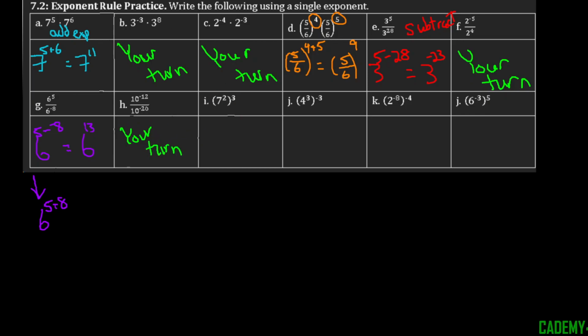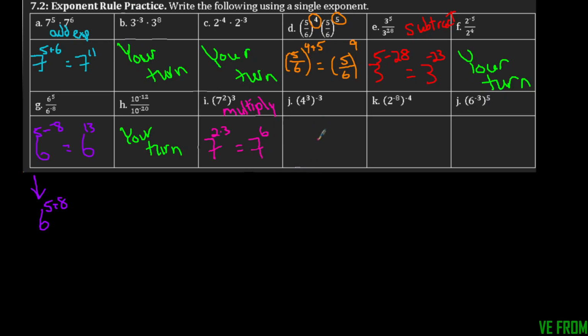Now for these next 4, since we're raising an exponent to another exponent, we just have to make sure that we multiply. So let me say it like this: multiply those exponents. We do 7 to the power 2 times 3, which is equal to 7 to the power 6.